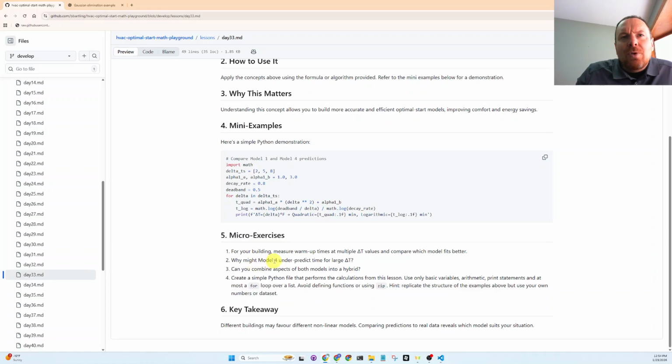Why might Model 4 underpredict for large delta T? I have to think about that. So Model 4, I don't know. Can you combine aspects of both models into a hybrid? Ooh.